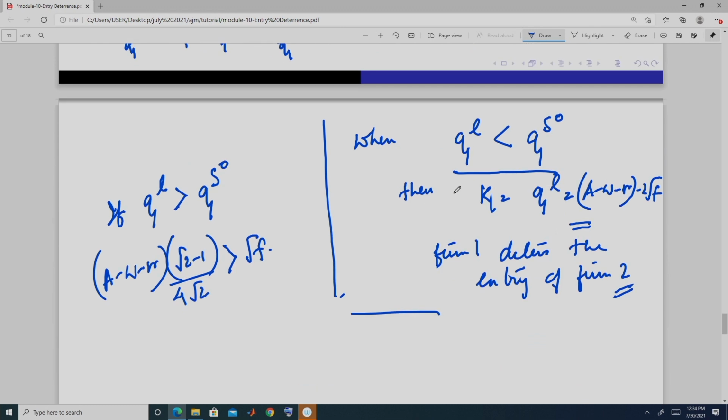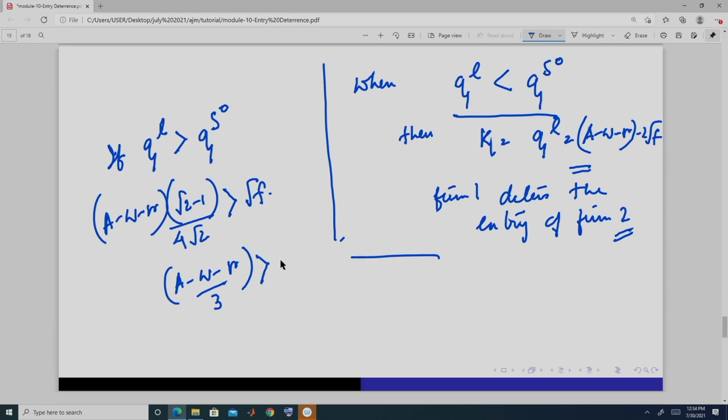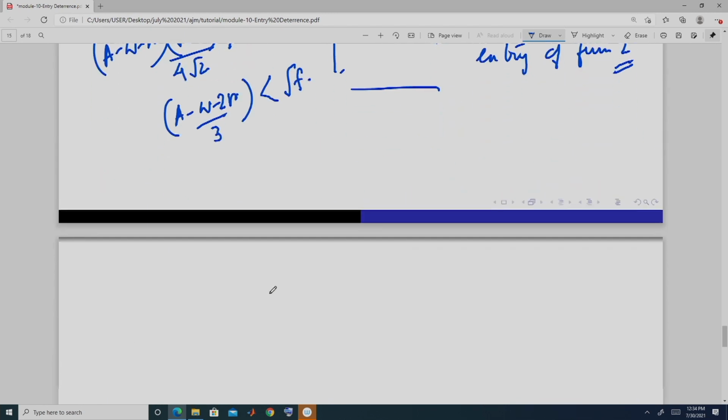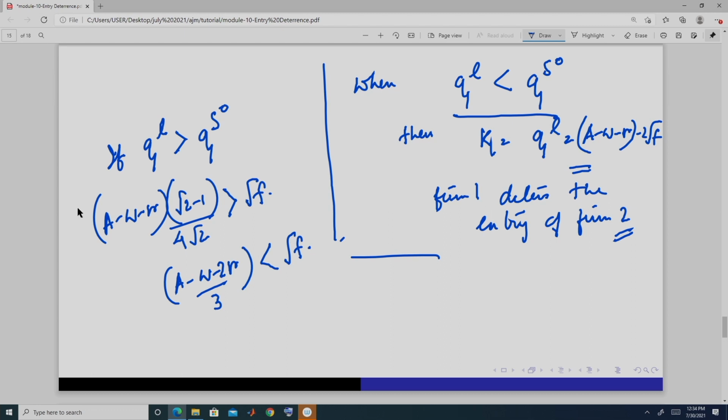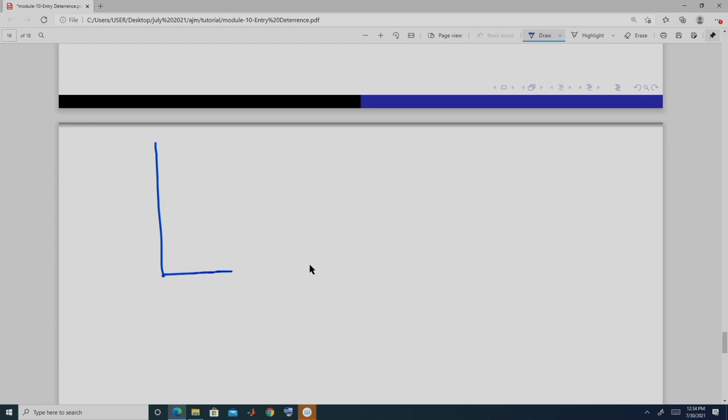If this is the case, and it has to be, okay, we get this. So, when both these conditions are satisfied, then we get a situation something like this.